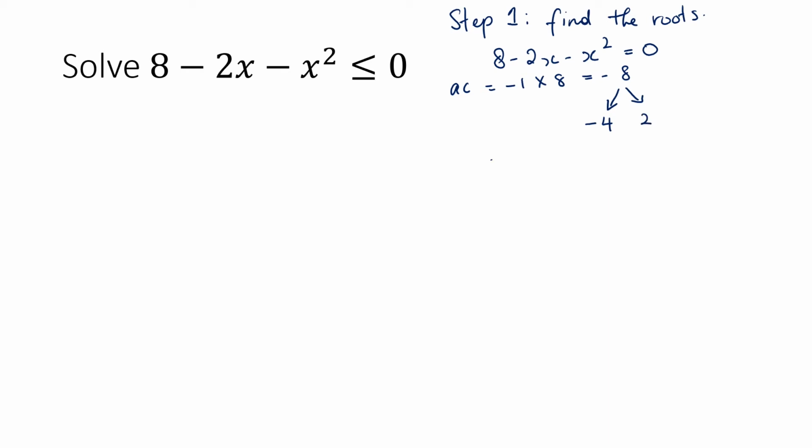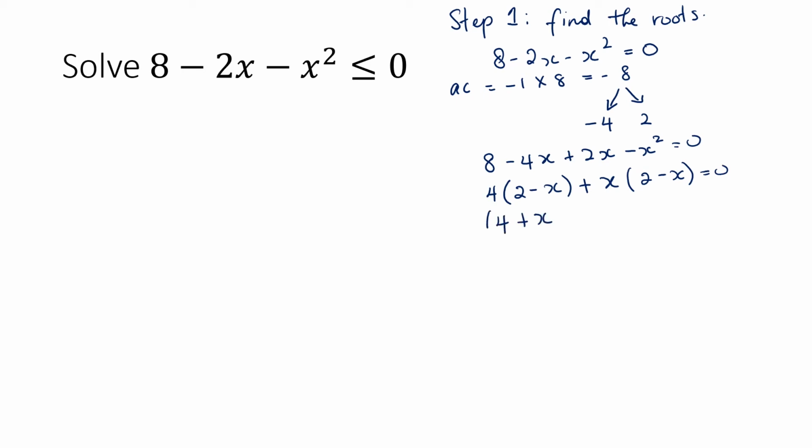So we rewrite 8 minus 4x plus 2x minus x squared equals 0. We factor what's common: the highest common factor of the first two terms is 4, so we have 4 times 2 minus x, plus the highest common factor here, x, times 2 minus x. So we factorize again because 2 minus x is common.